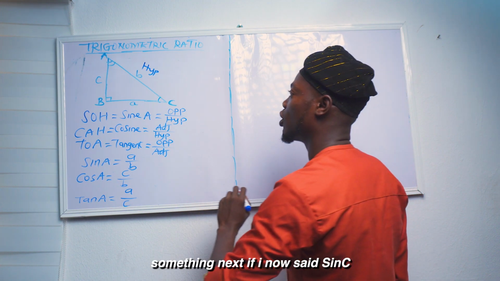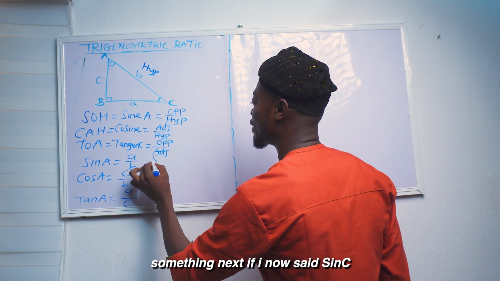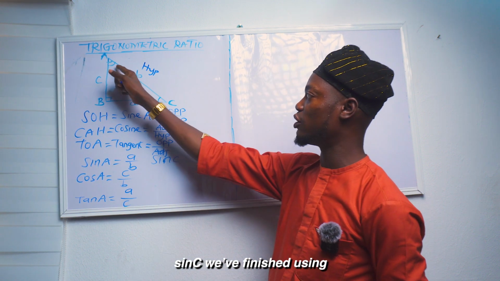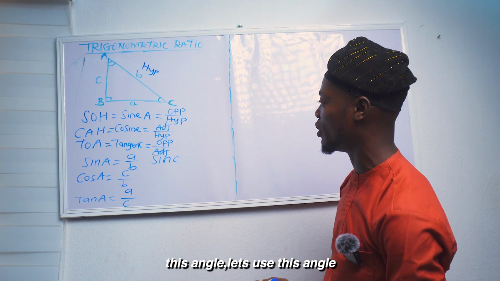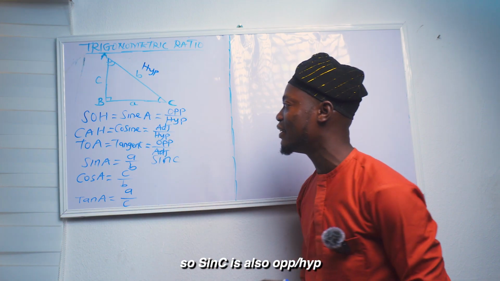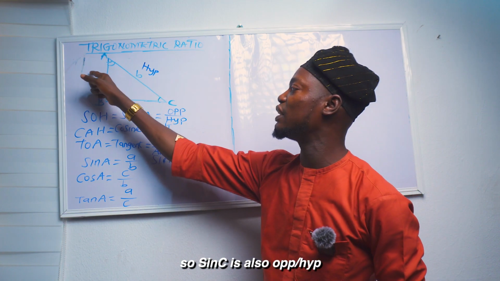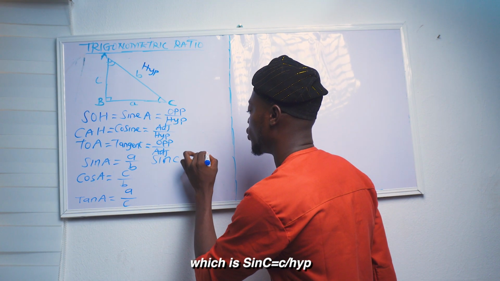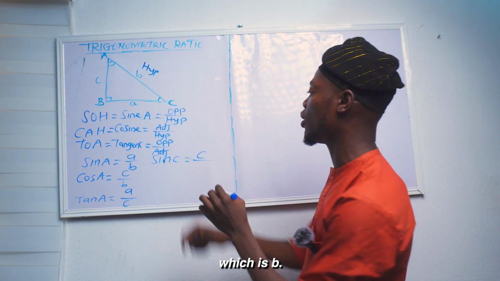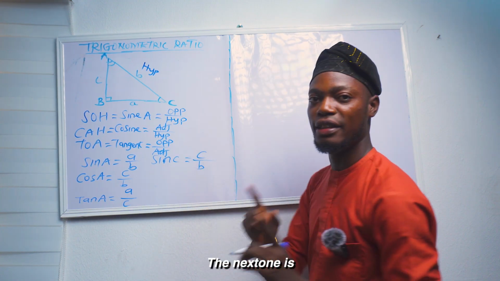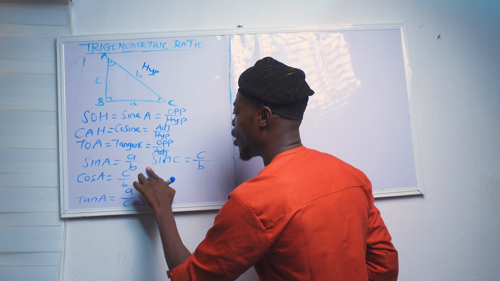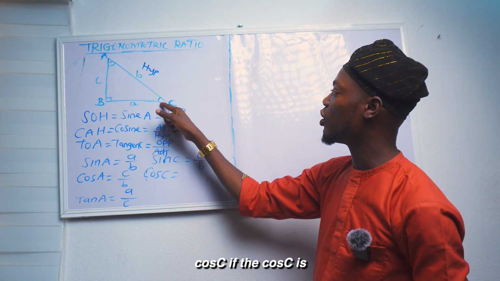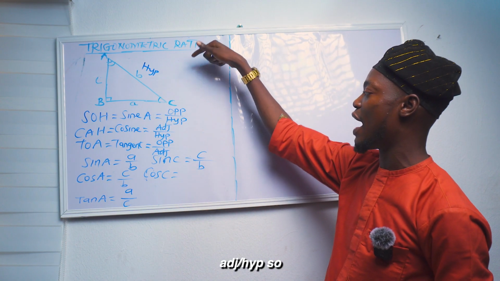Now, let's look at something else. If I now say sine C, we have finished using this angle. Let's use this angle and see what is going to happen. So sine C is also opposite over hypotenuse. Sine C is equal to C over hypotenuse, which is B. And the next one is cos C. Cos C is adjacent over hypotenuse.